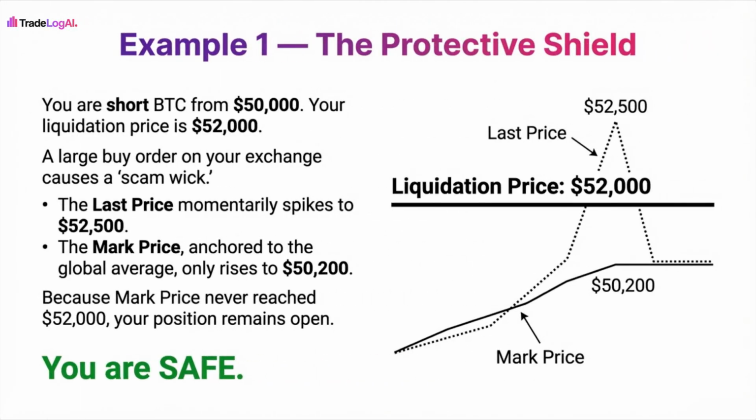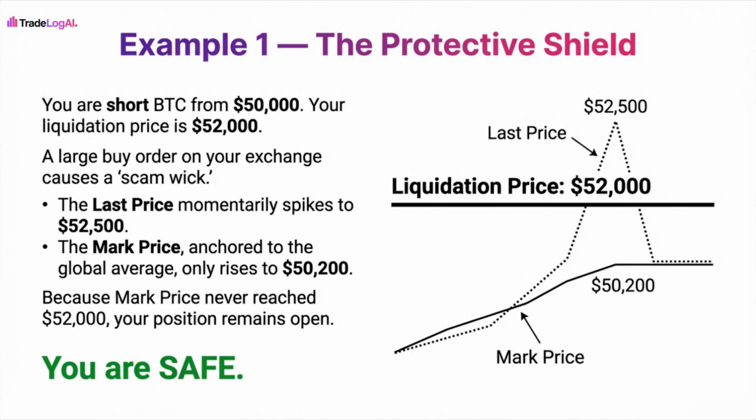Here's the first example. Why mark price acts like a protective shield. Imagine you're short BTC from $50,000 and your liquidation price is $52,000. On your exchange, a large market buy hits the order book and creates a quick scam wick. For a moment, the last price spikes to $52,500.